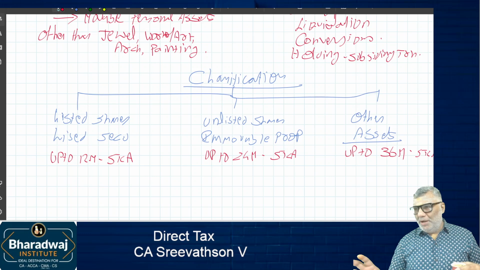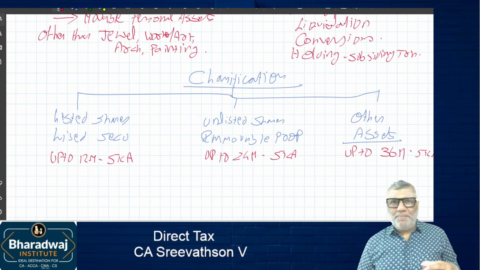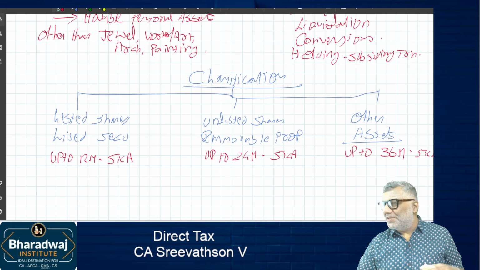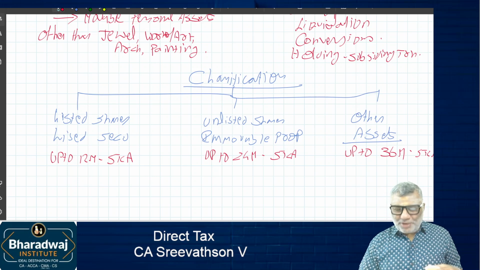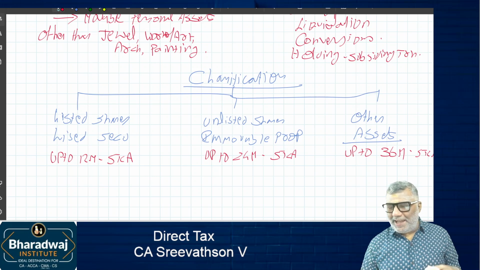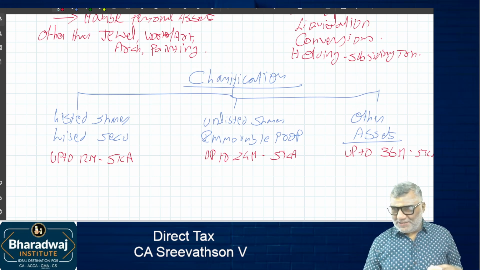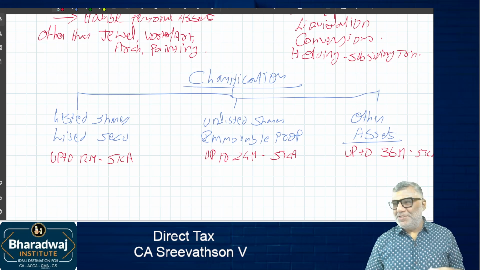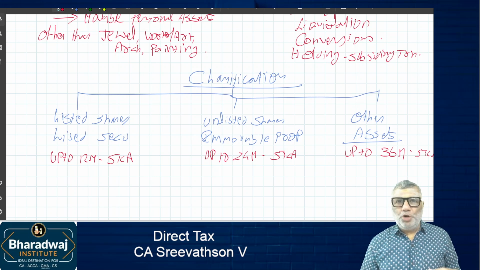Now, something away from this. Next year, there are only two classifications. No more 36 months, they have removed it. Only 12 months and 24 months. But that is only next year. Because when you talk to some persons, they will tell you you are reading an old provision.